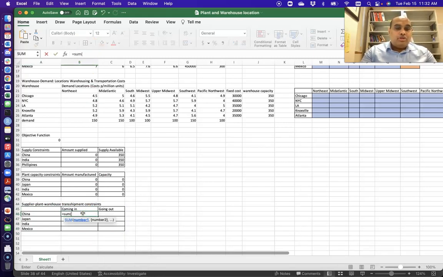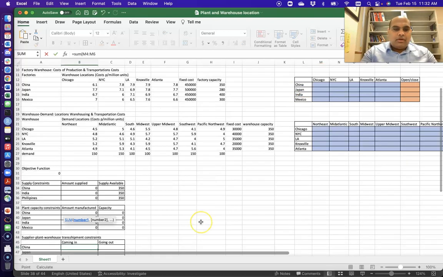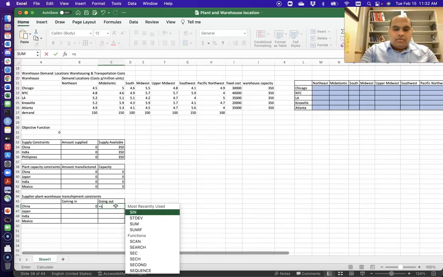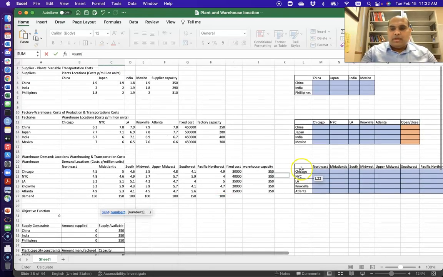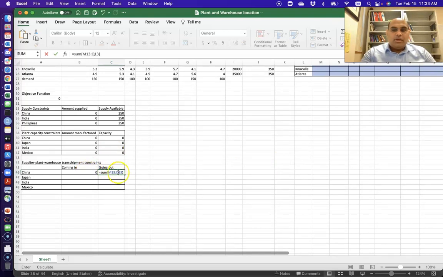All the units coming into the Chinese plant from the 3 supplier locations should be equal to the number of units going out of the Chinese plant, right? So these are all the units going out of the Chinese plant, and this is the number of units coming into the Chinese plant. There you go. So that's the first constraint.